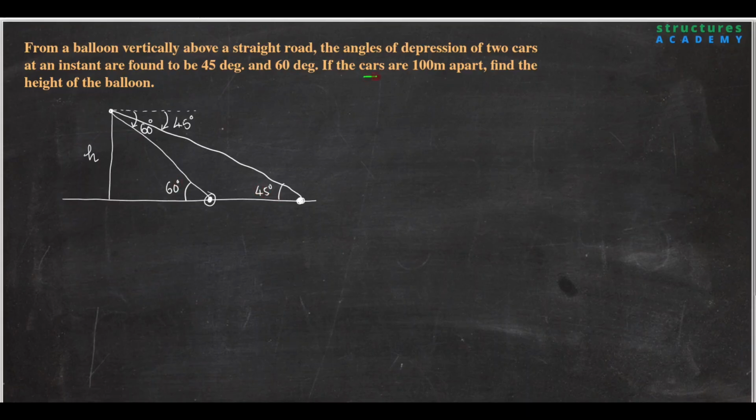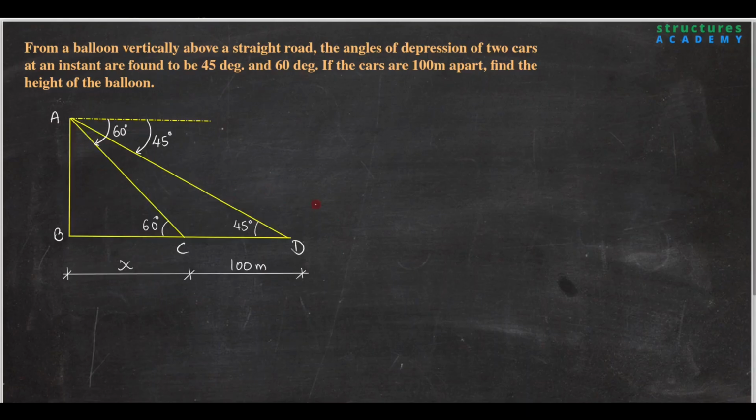Now we are told the cars are 100 meters apart, which essentially means this distance is 100 meters. And let's say this is x. Now the stage is set for us to involve tangents of 60 degrees and 45 degrees in order to form two equations and thereby find the value of h. Alright, now we have drawn a proper diagram, and let's call this height h, which we are supposed to find out.